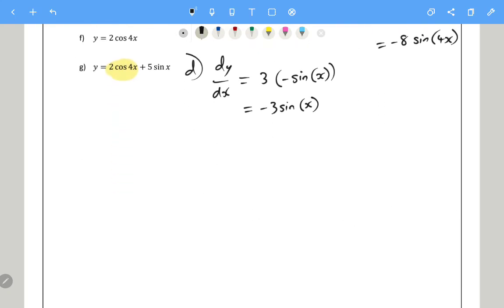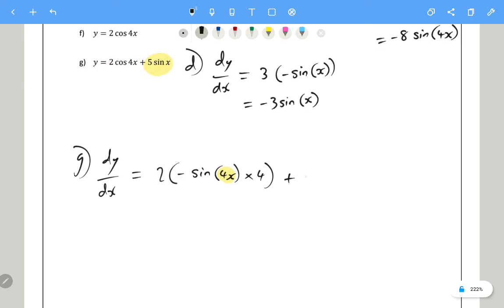We'll do it right down the bottom here. So, 2 negative sine of 4x times the derivative of the bracket, which is 4, plus, now let's look at the second part. 5 sine of x just goes to 5 cos of x, because sine goes to cos. No chain rule needed, because the brackets is just x.